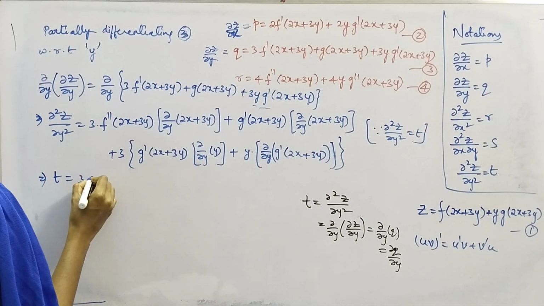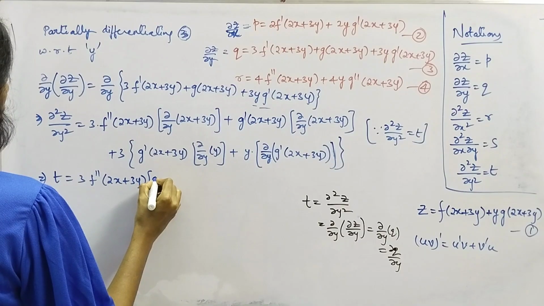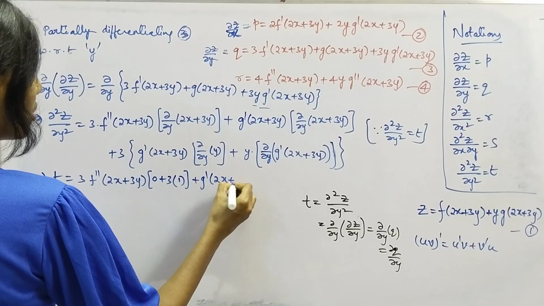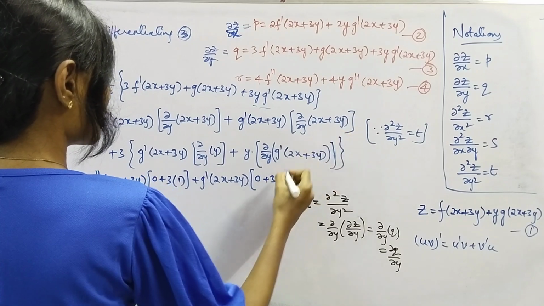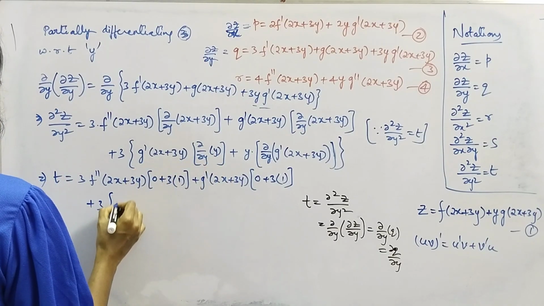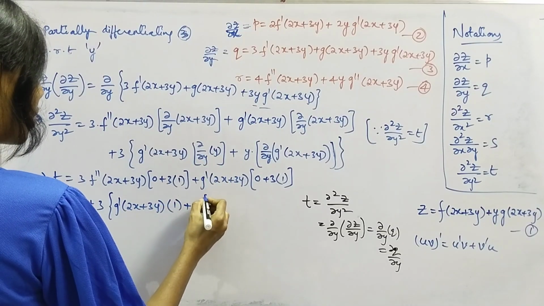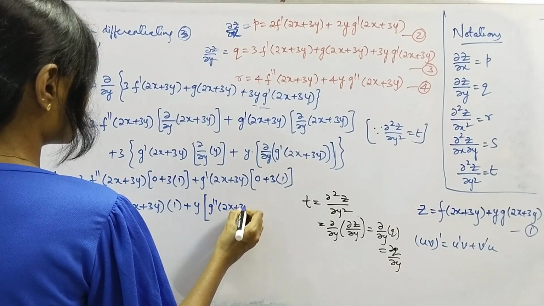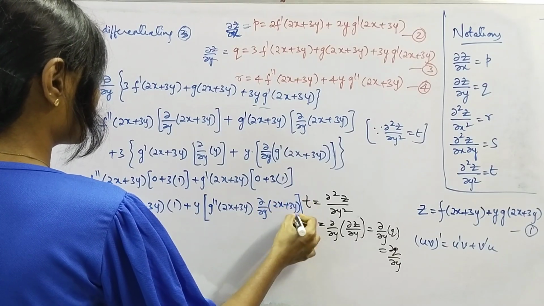You'll get t equal to 3 into f'' of (2x+3y) into (the partial derivative of 2x with respect to y, which is 0, plus 3 times the partial derivative of y with respect to y, which is 1), plus g' of (2x+3y) into (the partial derivative of 2x with respect to y, which is 0, plus 3 times the partial derivative of y with respect to y, which is 1), plus 3 times g' of (2x+3y) into the partial derivative of y with respect to y, which is 1, plus y times the partial derivative of g' with respect to y, which is g'' of (2x+3y) into its inner derivative, that is ∂/∂y of (2x+3y), right?